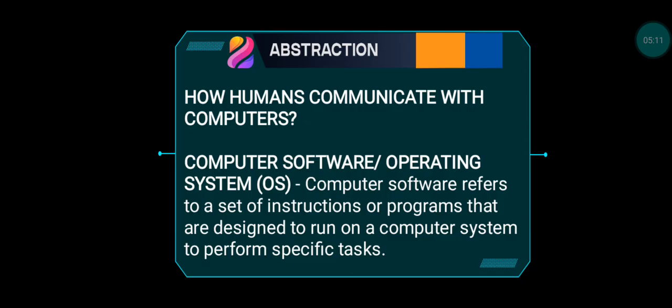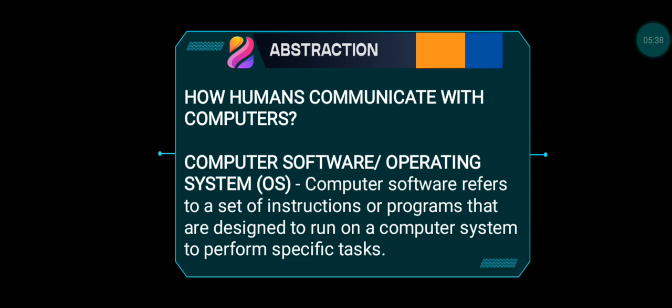So we have computer software or operating system. Computer software refers to a set of instructions or programs that are designed to run on a computer system to perform specific tasks, which means it is the collection of programs and instructions that tell a computer what to do.